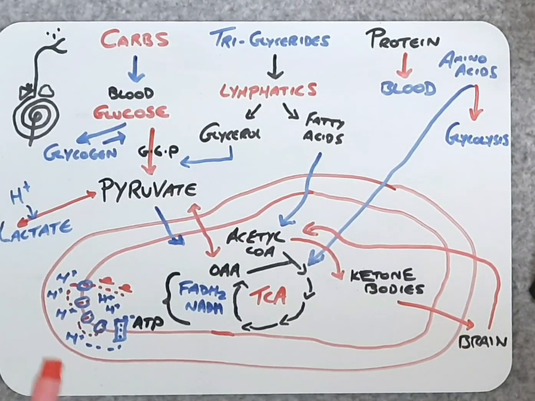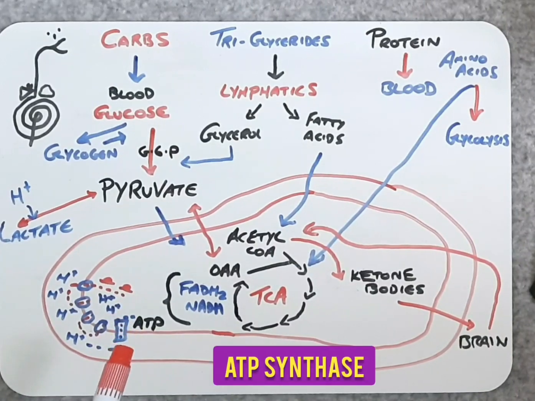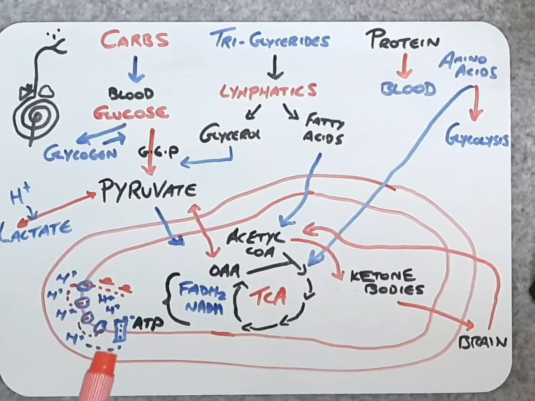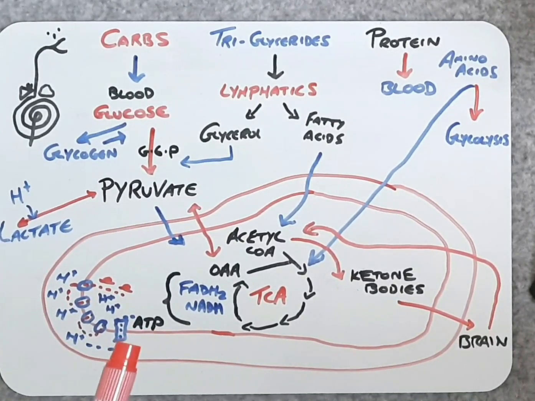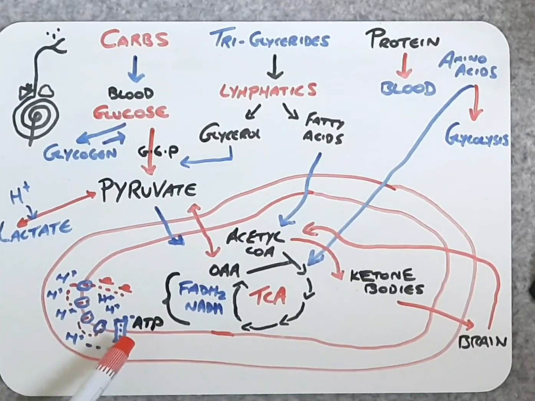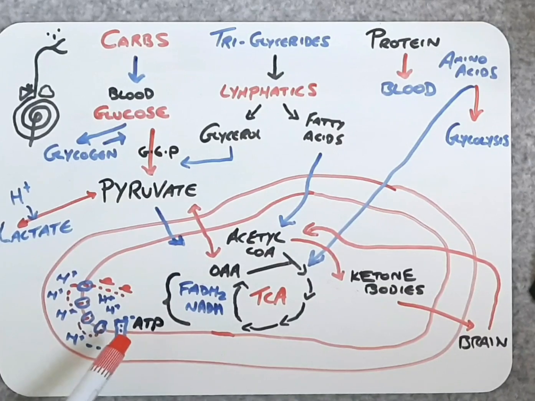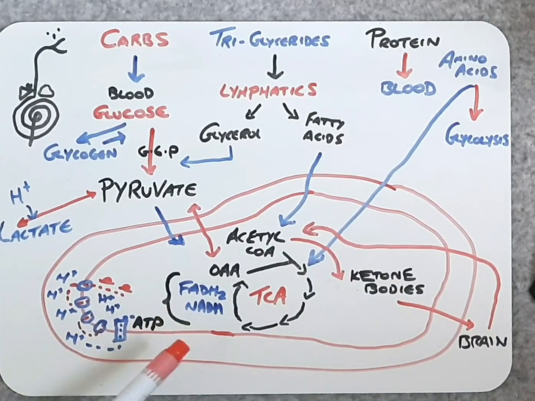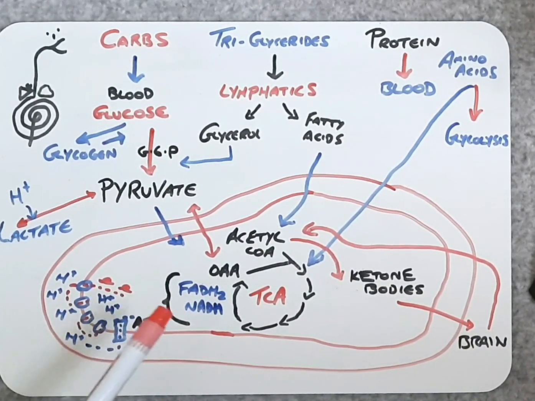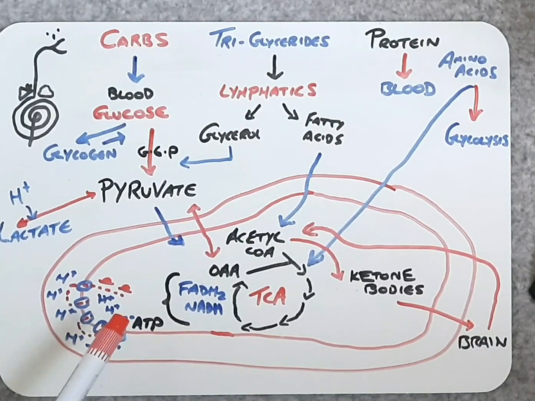That then brings into play something called the ATP synthase, which is this protein channel inside the membrane. What happens then is that it gathers up all the hydrogen and turns it into ATP, a vast amount of ATP. And this is the currency, ATP, that we use for energy, which is then distributed all the way around our body.